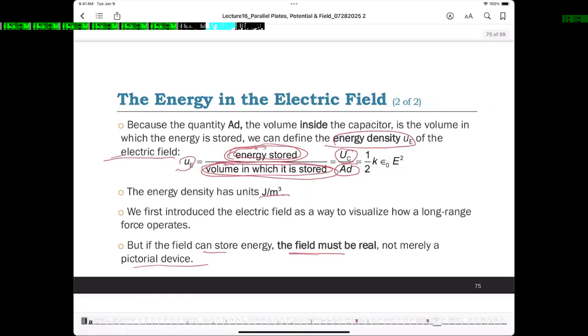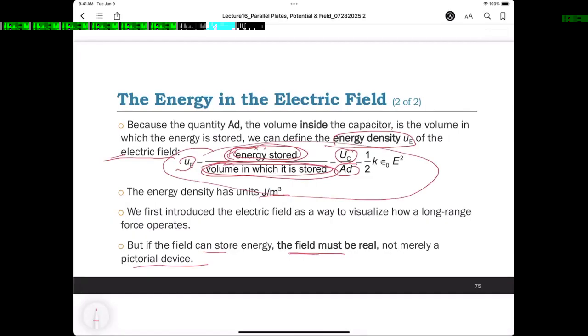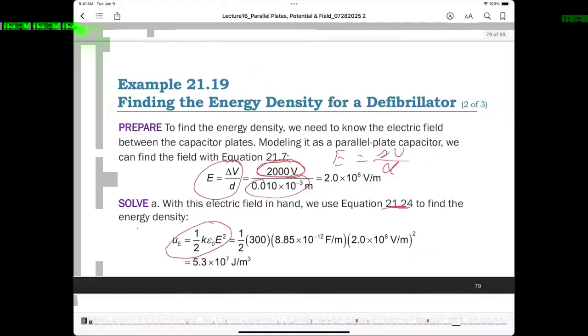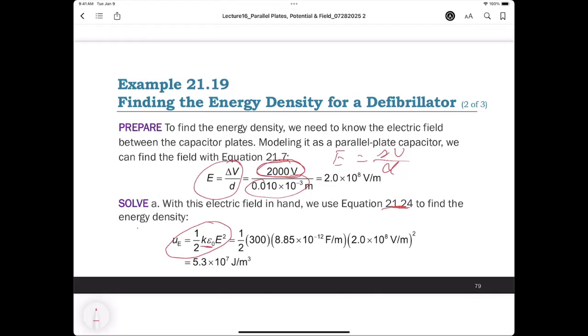Let me show it to you. This equation we can use to calculate the energy density. We know epsilon zero is a constant.